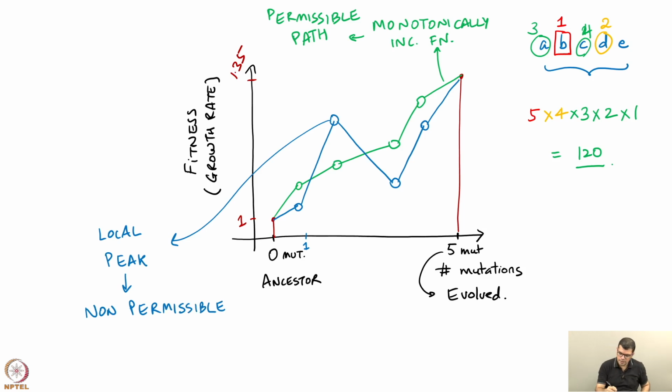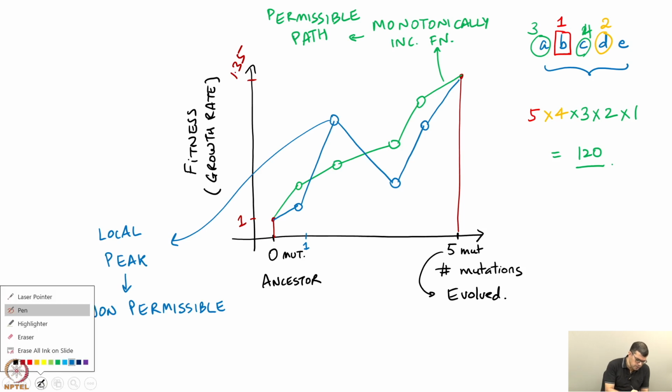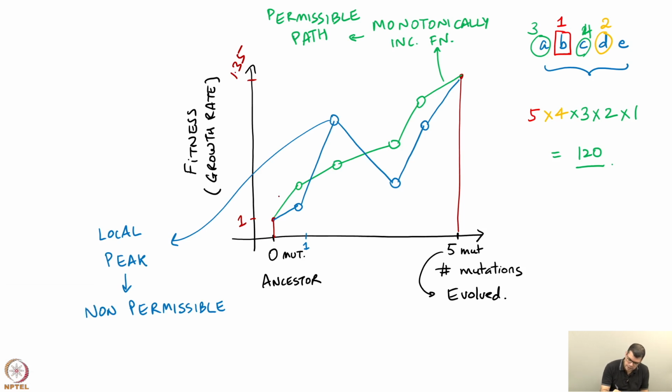To understand a little bit more about why these local peaks arise, let us imagine that the order of mutations in the green path was A, B, C, D and E, which means this genotype was A, this genotype was AB, this genotype was ABC, this one is ABCD, and finally we get to the last genotype, which is carrying all 5 mutations, ABCDE.